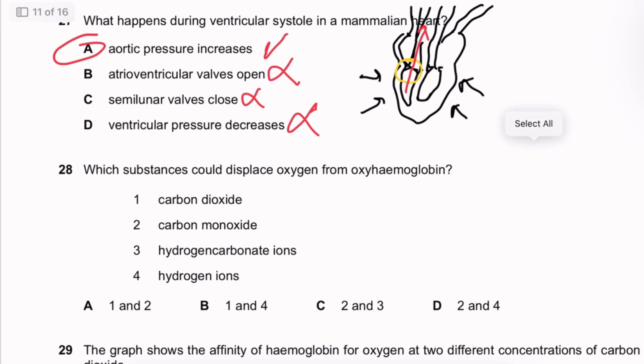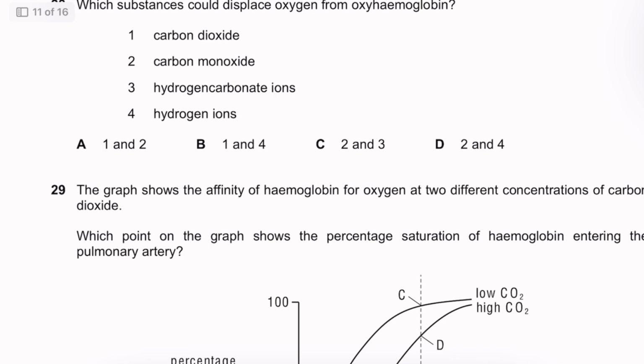Okay. Which substances could displace oxygen from oxyhemoglobin? Displacing oxygen from oxyhemoglobin needs something that has a higher affinity to hemoglobin. Carbon dioxide could displace, carbon monoxide could also displace, hydrogen carbonate ions do not displace it, hydrogen ions could also displace, but it depends again on affinity. Who does hemoglobin have the most affinity to?